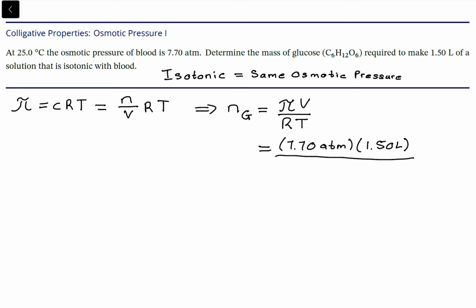We need to choose the correct R. The R value we want to choose needs to contain atmosphere and liter. So we can use the one that is 0.0820 liter atmosphere per Kelvin per mole, and this is at 298.15 Kelvin.